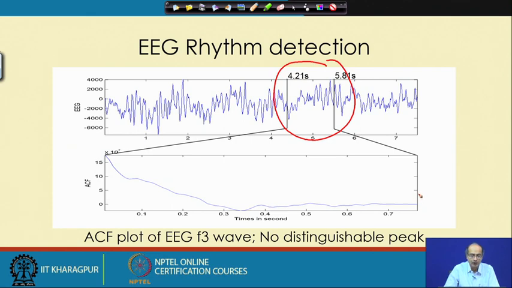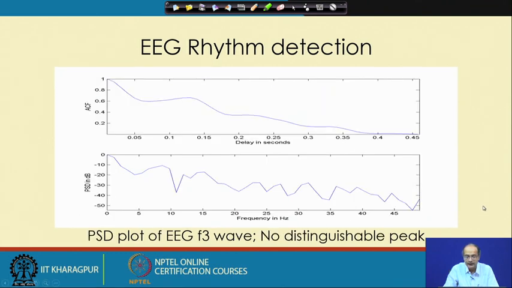When we take the autocorrelation coefficients, we get a drooping characteristic, there is no prominent peak, which suggests that there is no repetition of the alpha wave or whatever the signal was present there. Then we calculated the PSD to see the same thing, and here also we cannot get the peak as we have seen in the previous case. So, this also tells us that there is no distinguishing peak, and we cannot tell that the signal we have taken is getting repeated.